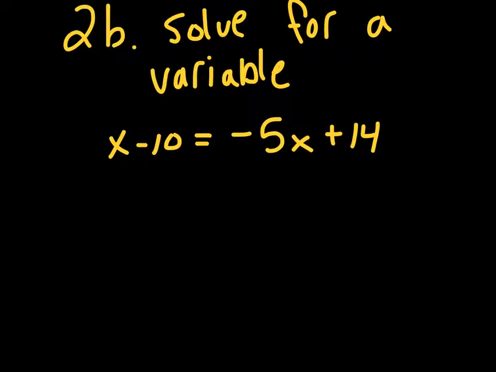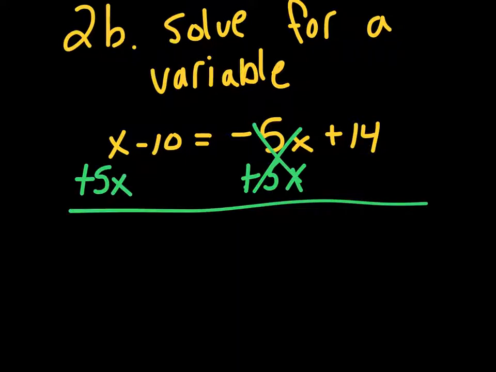That's the second step. The third step is we have to solve then for x. So this goes back to just solving an equation with variables on both sides. So what we're going to be doing is solving for x. I'm going to add 5x to this side to get rid of this. I'm going to add 5x to this side. I'm left with x plus 5x gives me 6x minus 10 equals 14.